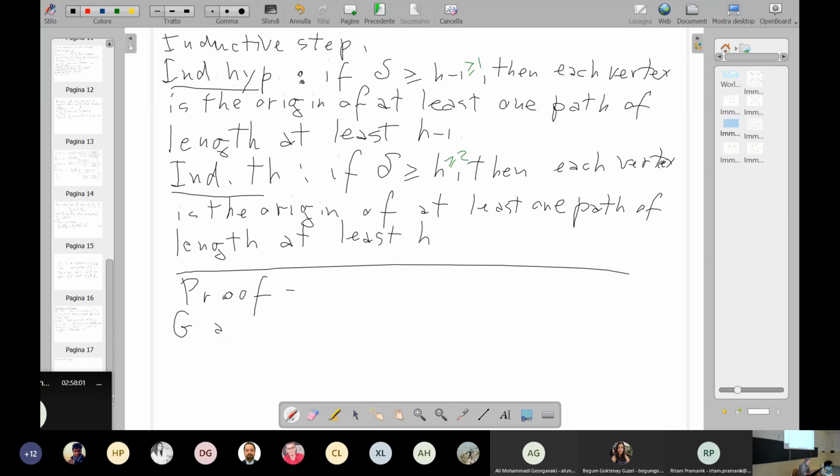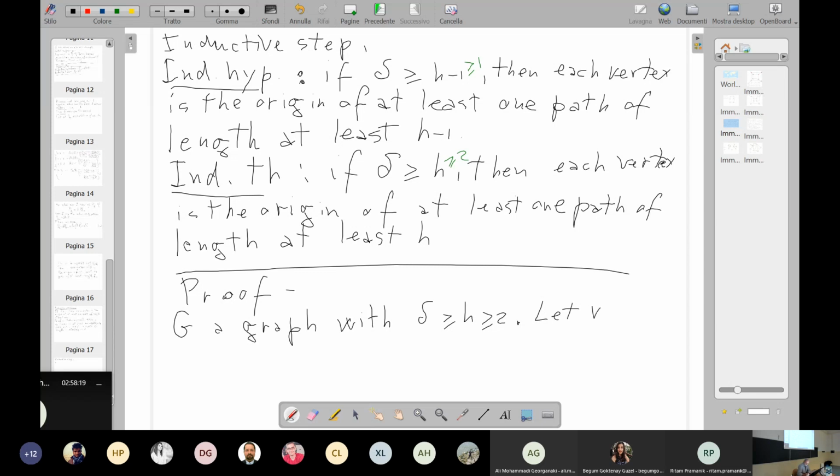G, a graph with small delta greater than or equal to h, which is greater than or equal to 2.